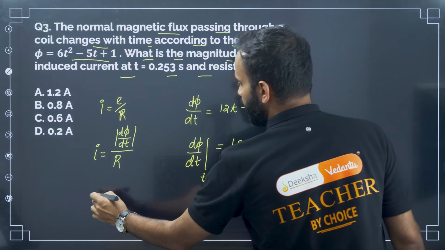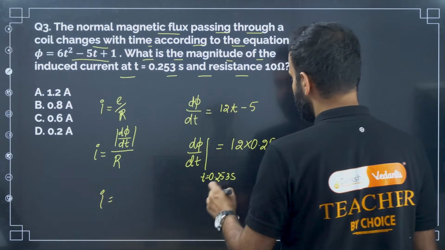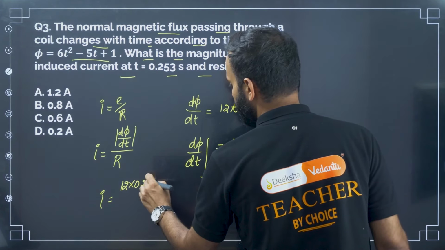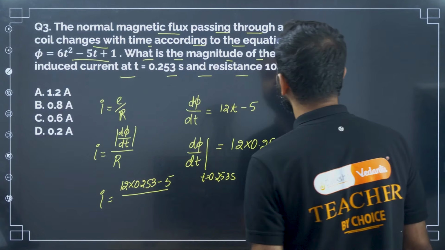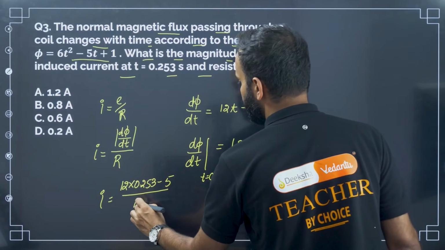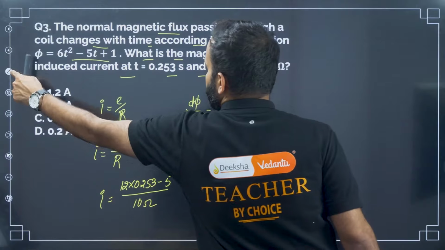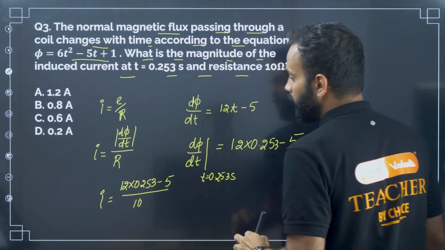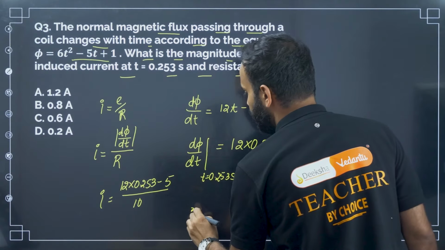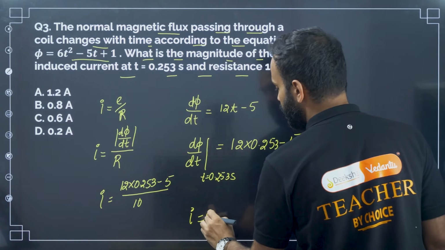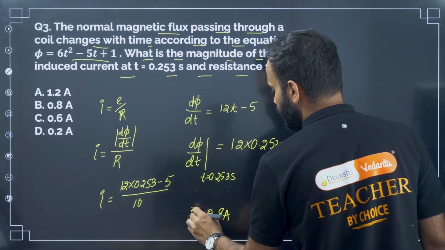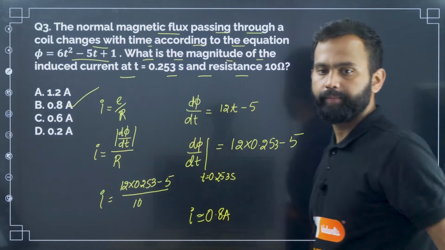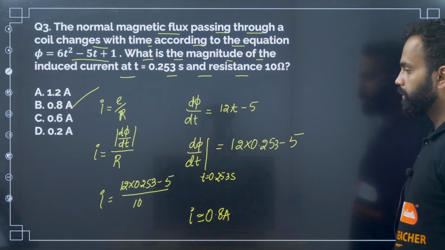Now I is equal to 12 into 0.25 minus 5, divided by R equal to 10 ohm. Now solve this, and you will get I approximately equal to 0.8 ampere. So the correct option is A. Understood? The correct option is A.